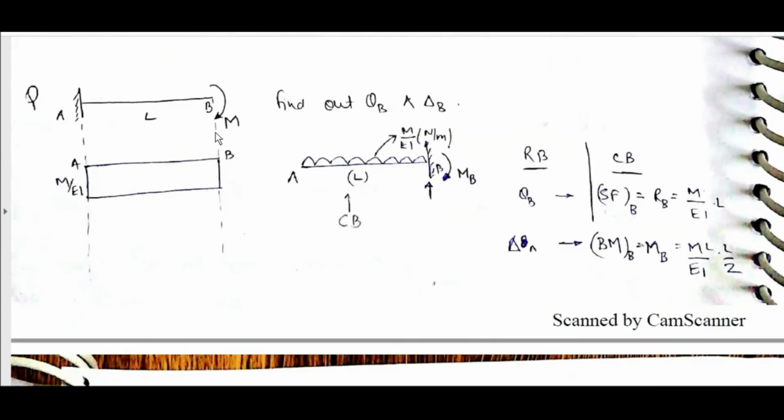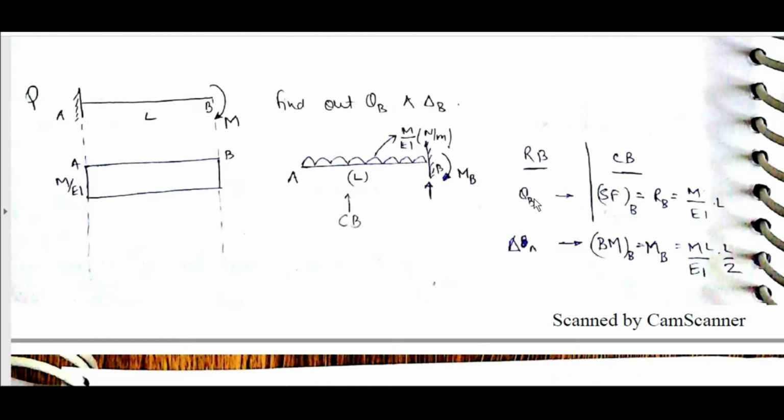Question: find out theta B and delta B. Only moment is applied. The M by EI diagram is like this box, which will be the loading diagram of the conjugate beam. Means here it is free, here it is fixed. Then the conjugate beam M by EI loading is applied, in Newton per meter.